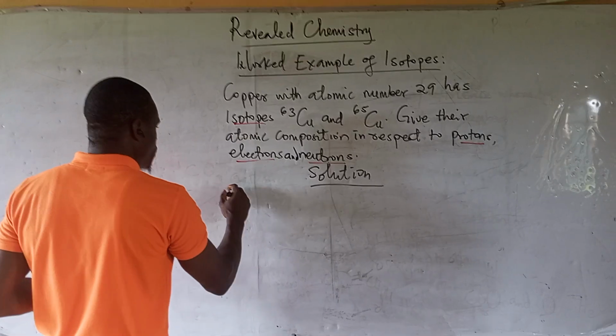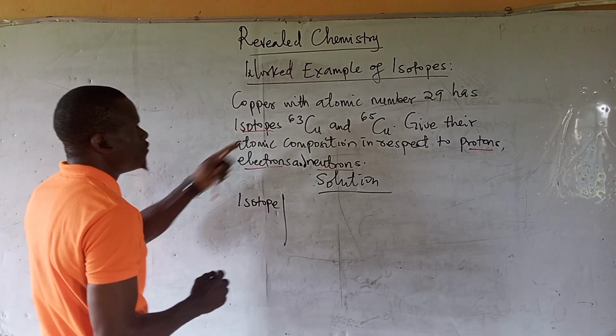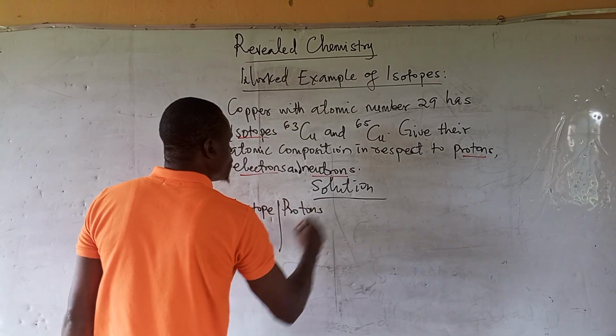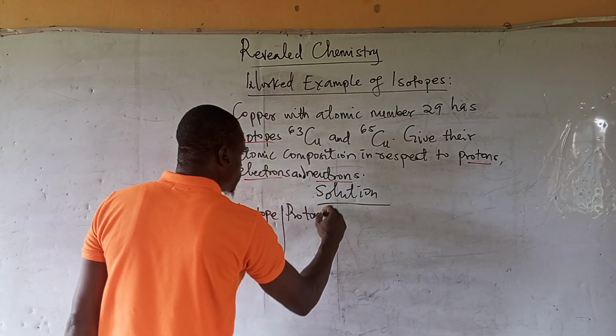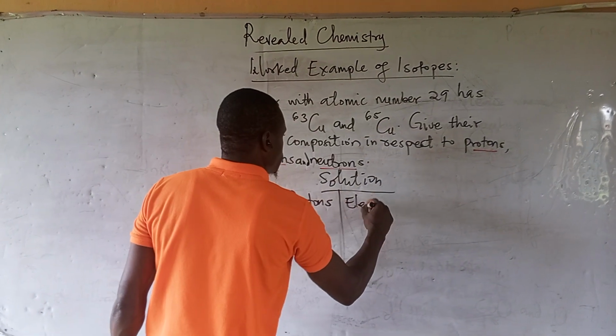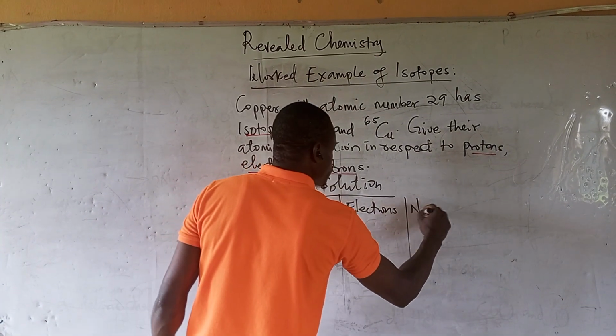You have isotope, and the first column there is protons, so you look for the proton number. Then we have electrons, and then neutrons.